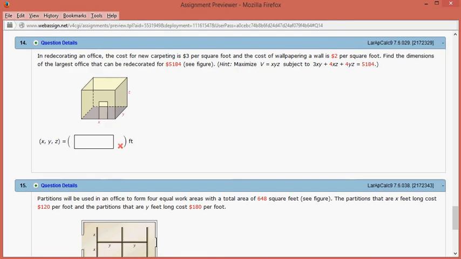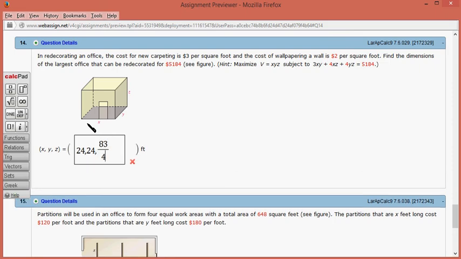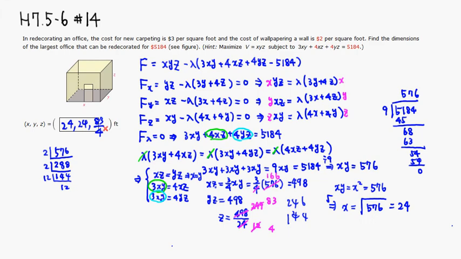Let's see, x is 24, and z is 83 over 4, right? Submit for testing. Okay, actually I can do the division correctly, so that's the problem. Sorry about that, I did this computation incorrectly.